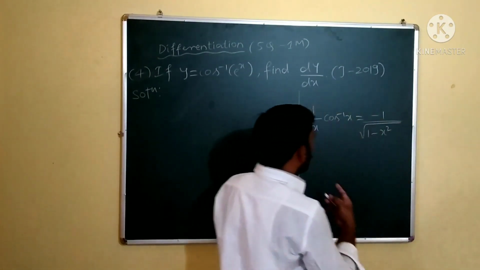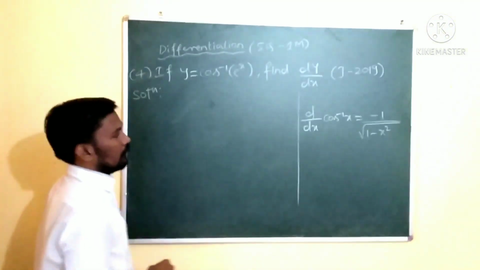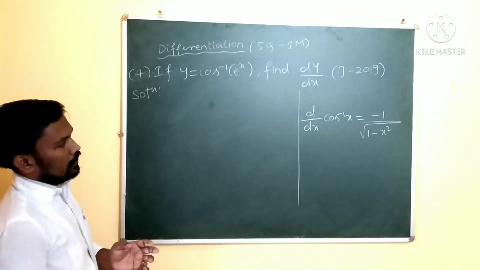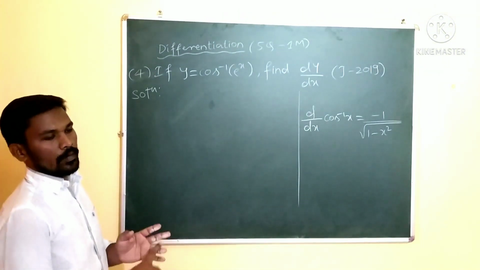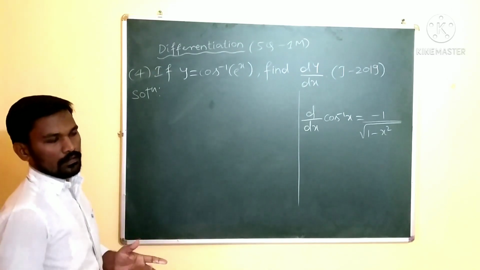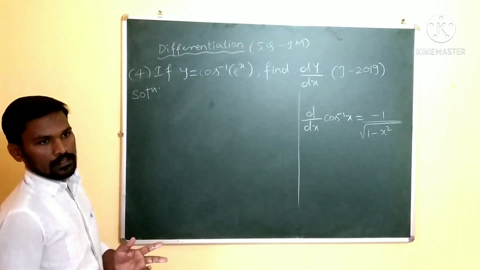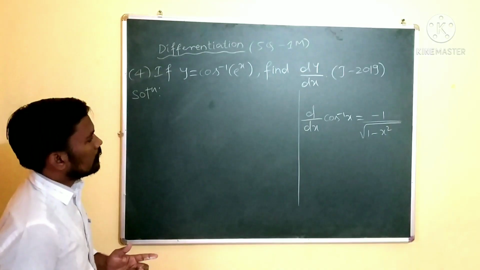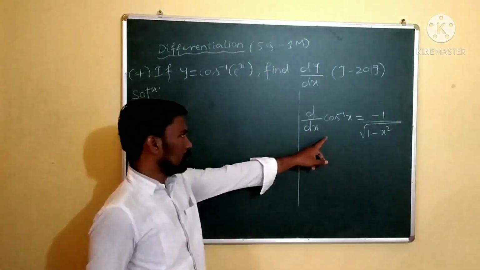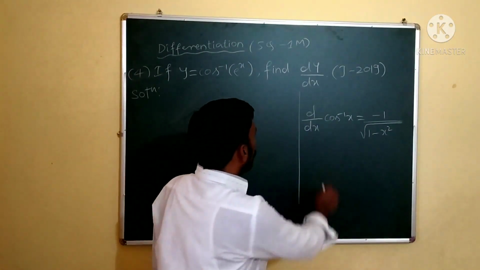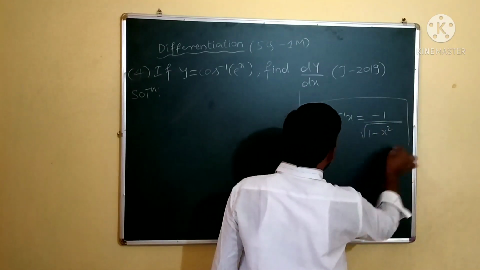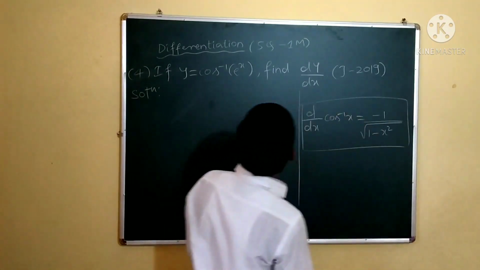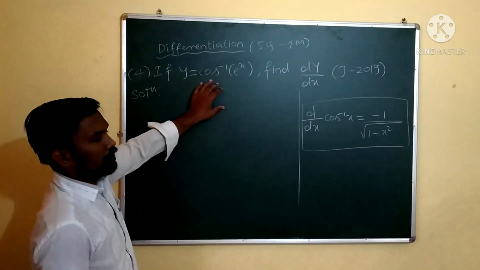It's very important. You should remember this standard formula. Derivatives of trigonometric functions, derivatives of inverse trigonometric functions, and standard functions like e to the power of x, log x. It is most important. If you know this formula, you can solve this question and find out the derivative of the given function. Otherwise, it is unable to find out the derivative of the given function.